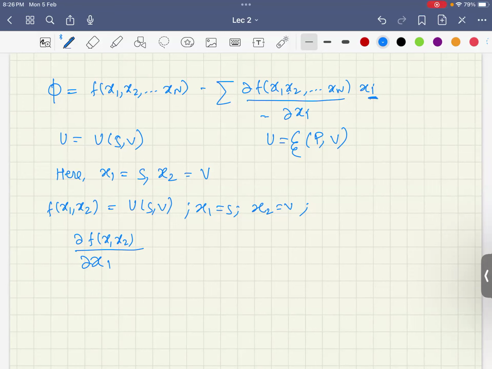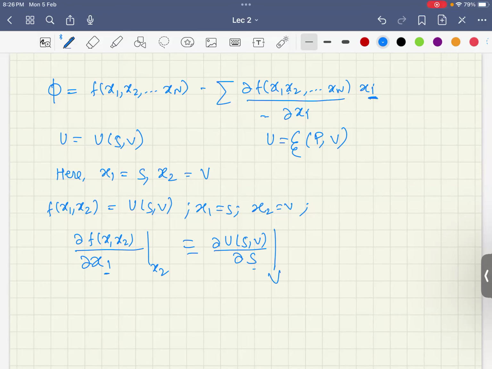Here what we want to replace is S. So for us this is going to be dou U of S, V by dou S, because this xi is nothing but S, whatever we want to replace, and the other one remains the same, V.